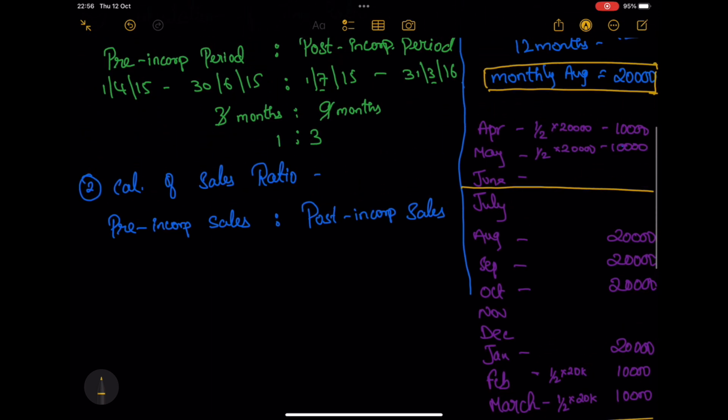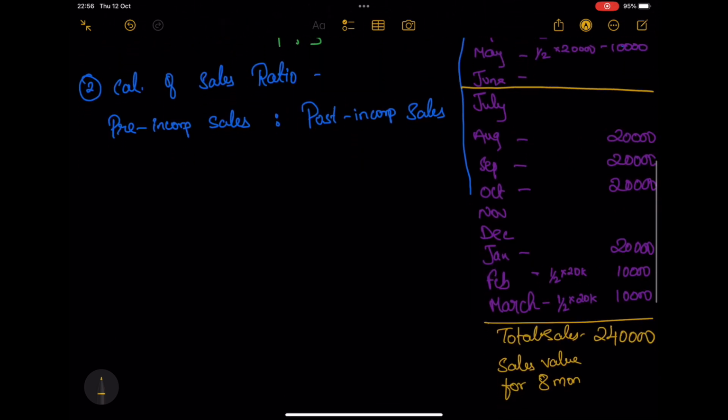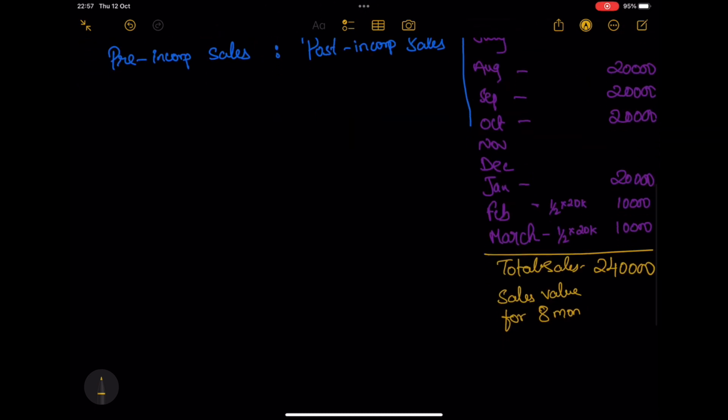We have to add the values, 10,000 plus 10,000, 20, again 20 plus. If we add all these values, we will be getting 1,20,000 as value. So in order to identify the total sales of the remaining 4 months, I'll be deducting the amount: 2,40,000 minus 1,20,000.